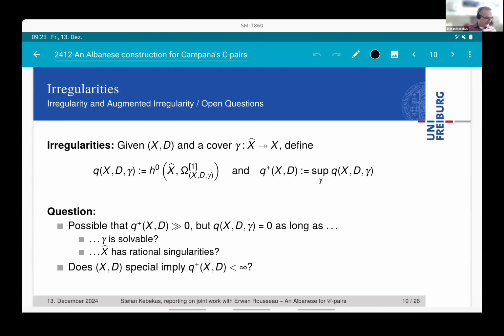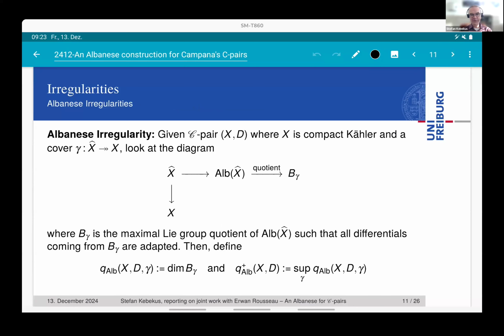Right. So then I would like to move in the direction of the Albanese. Let's say I have a C-pair (X, D), and I have a cover. Then upstairs I have the Albanese of the cover.